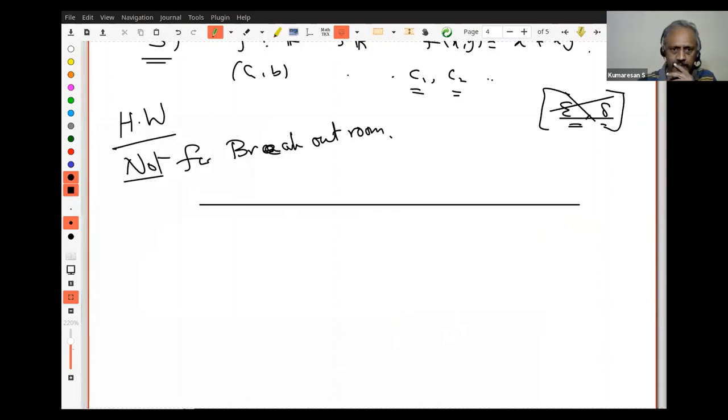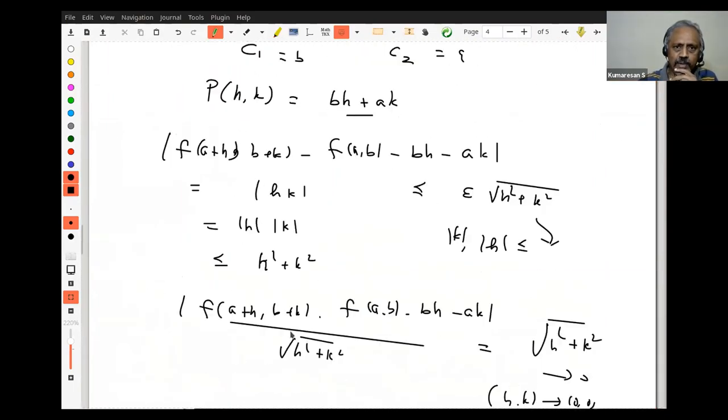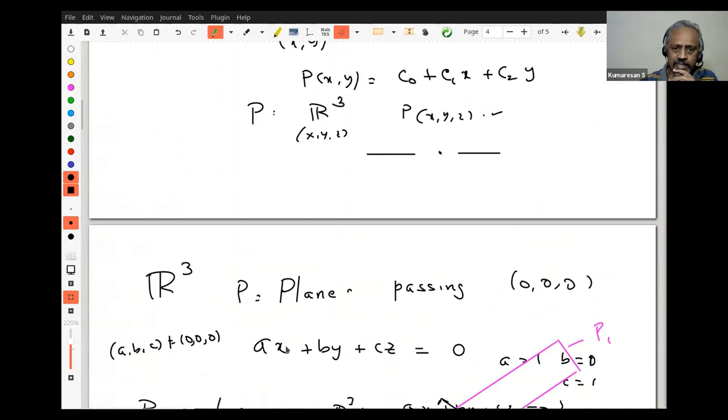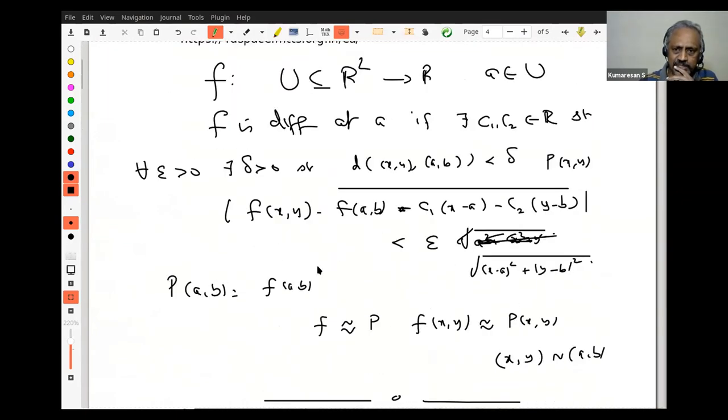Okay, now let's come back. So I found out C1 and C2. Now what I want to do, suppose f is differentiable. That means there exist C1 and C2 such that this happens. Are you able to see the screen? Suppose f is differentiable at (a, b), that means there exist C1 and C2 such that this must be true.